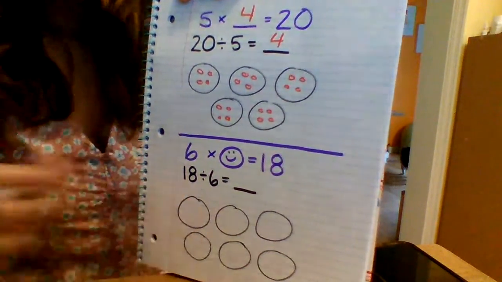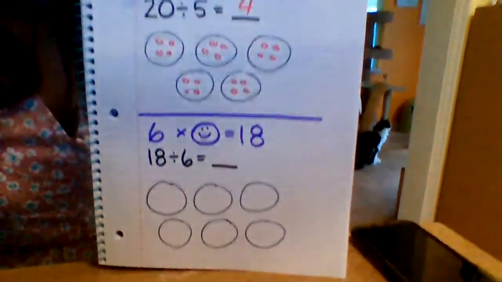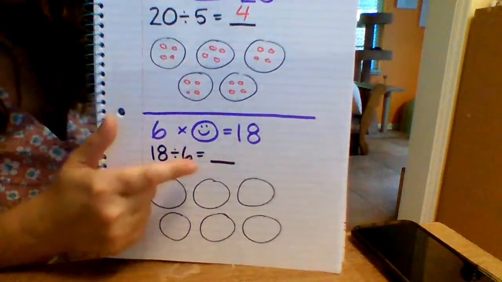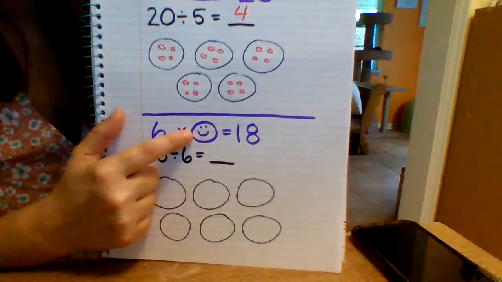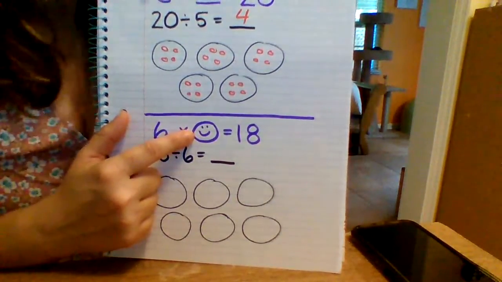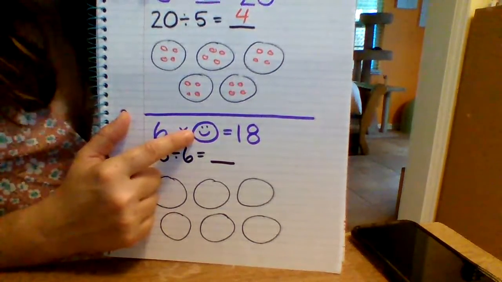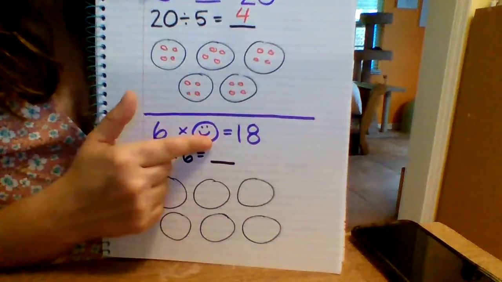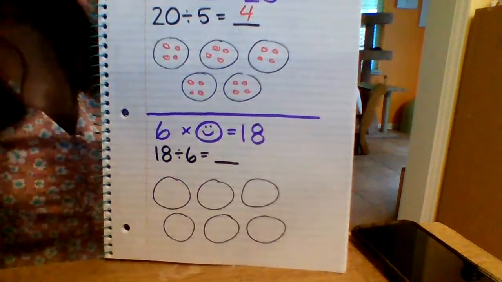Okay, let's take a look at the example below. This example, instead of having a blank in it like it did here, uses a variable. If you remember, a variable can be a letter or a symbol that stands for a missing number, a missing factor in this case.